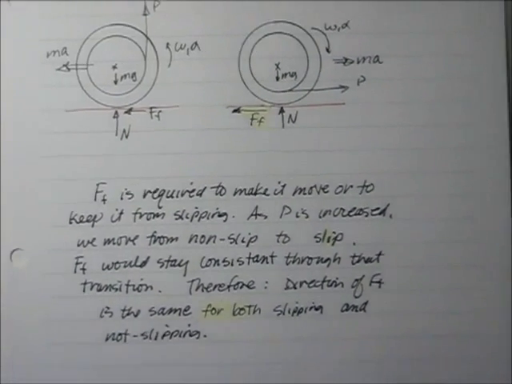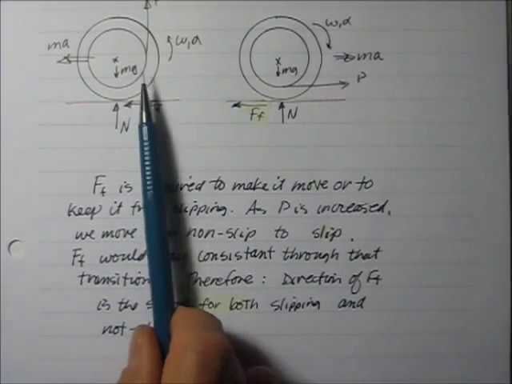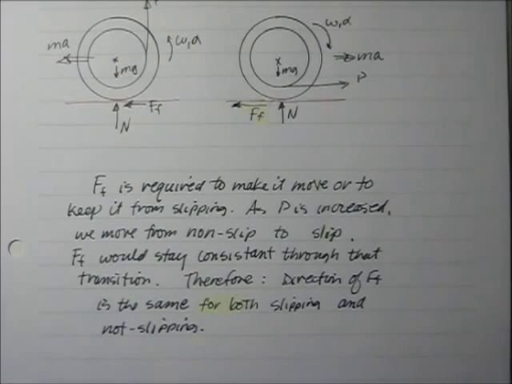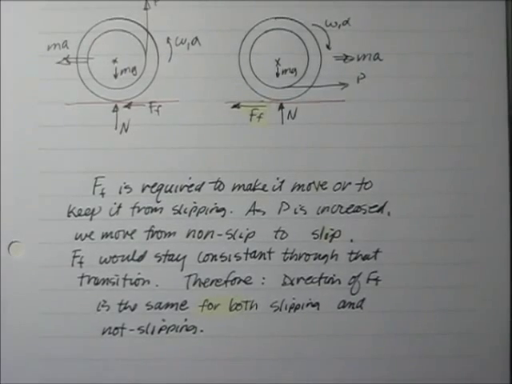Well, I think you can probably follow my logic here, but there's nothing to cause the force of friction to change direction. Therefore, the force of friction is the same for both slipping and not slipping conditions. In other words, the force of friction is going to stay consistent through the transition between not slipping and slipping. A key takeaway here is that once you find the force of friction, you're safe in assuming it's going to be in that same direction for both slipping and not slipping conditions.